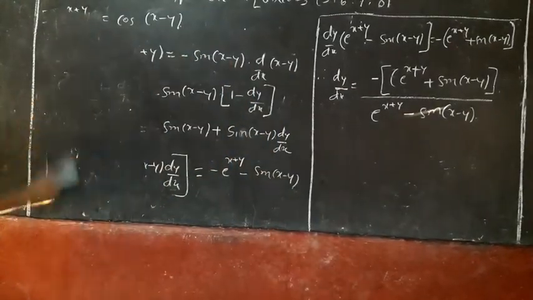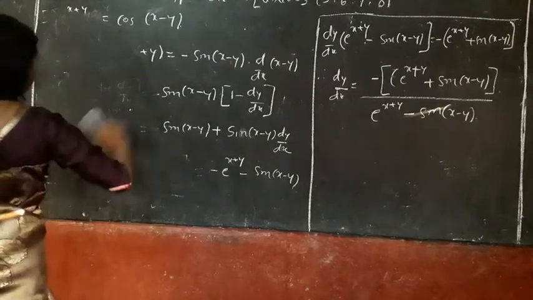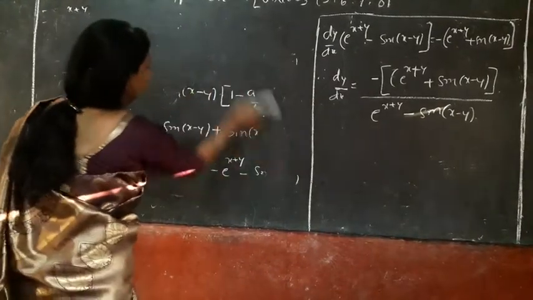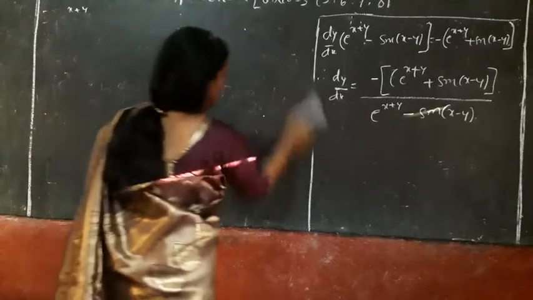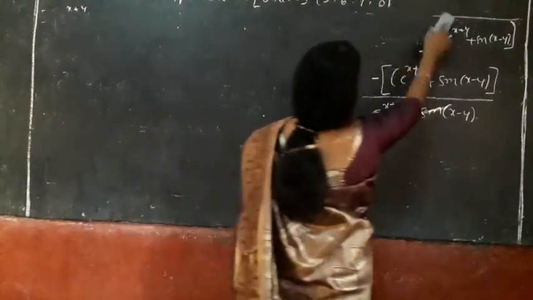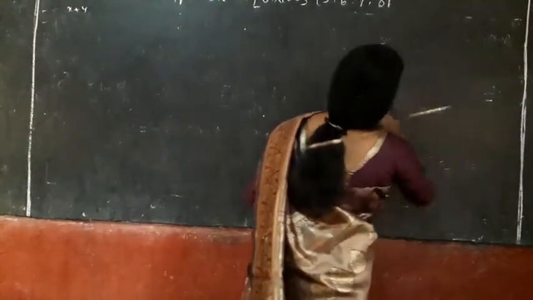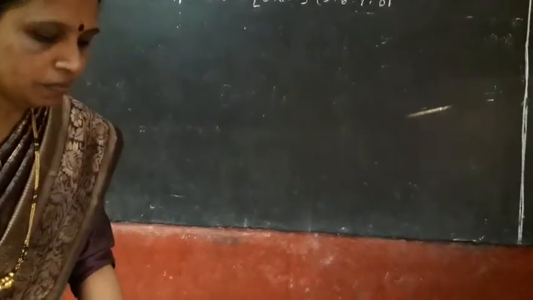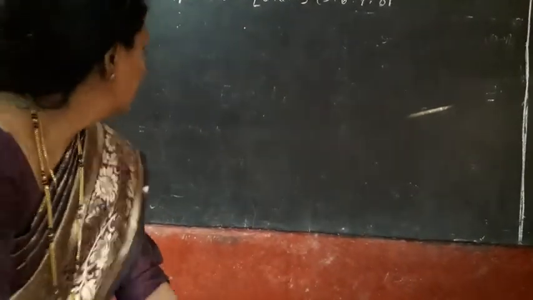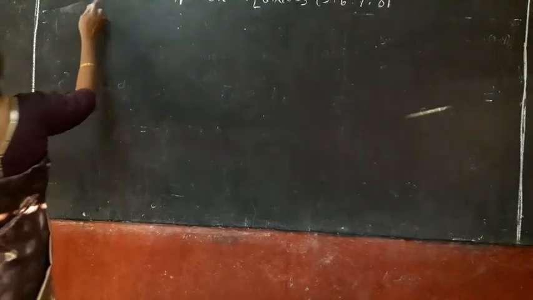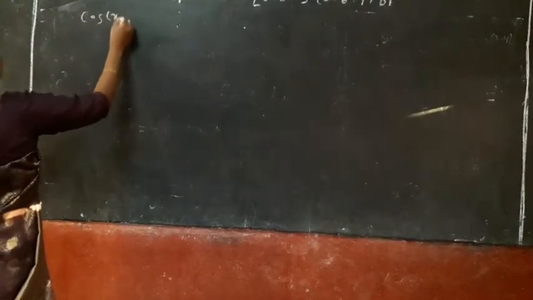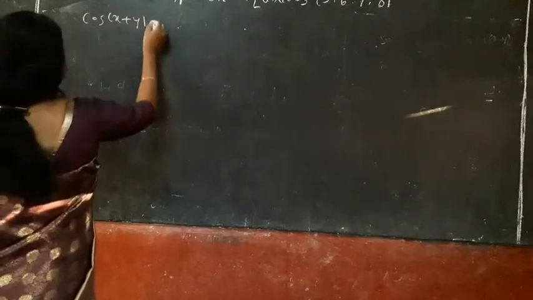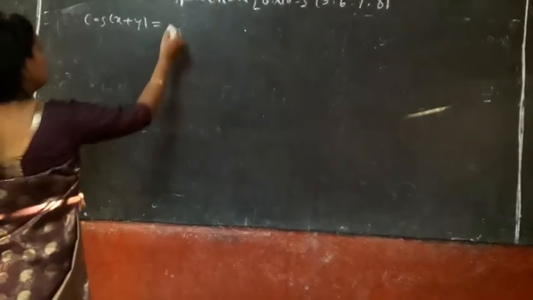Next, consider the last example. The last example is cos of x plus y equal to x plus y.